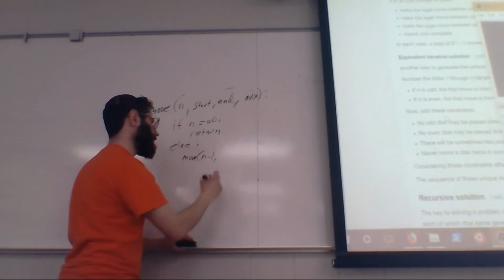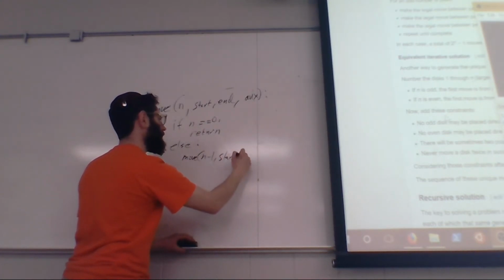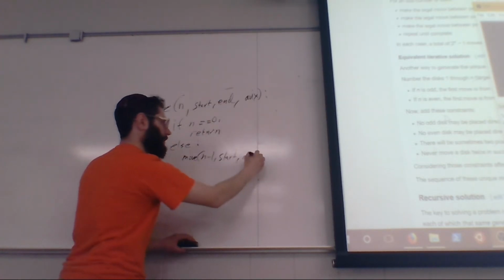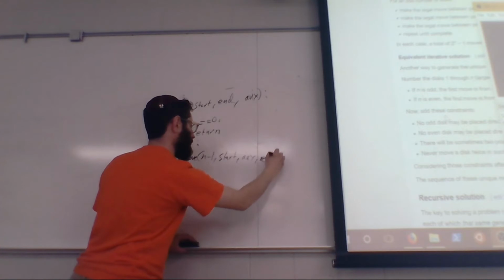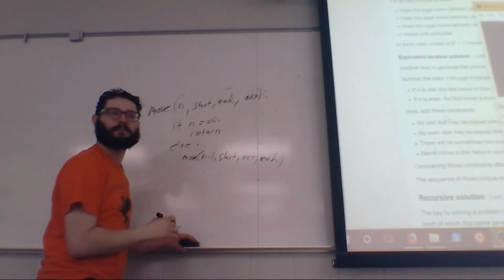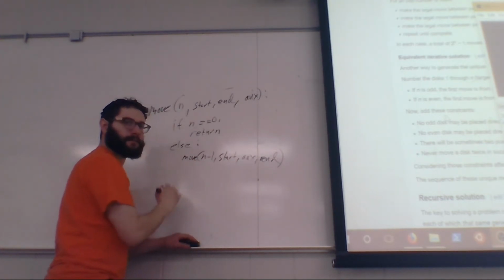I have to move the top n minus 1 disks out of the way, and I move them from start onto the auxiliary space, right? And then I'm going to use that end, that destination, as kind of the storage area to do all my extra work on, right? Okay, so now I've moved all those n minus 1 disks out of the way.